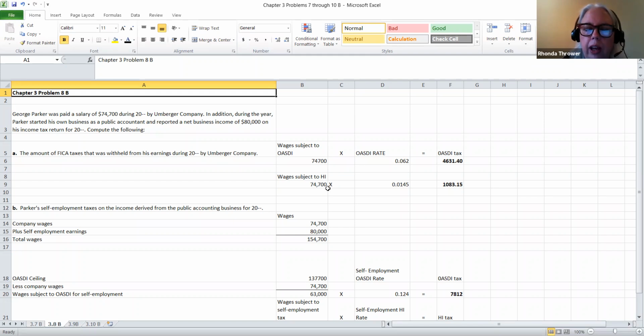On your HI taxes, all of the wages earned are subject to HI taxes. And since the wages that he earned for Umberger Company was $74,700, we're going to multiply that by 1.45%, and that will give us $1,083.15.